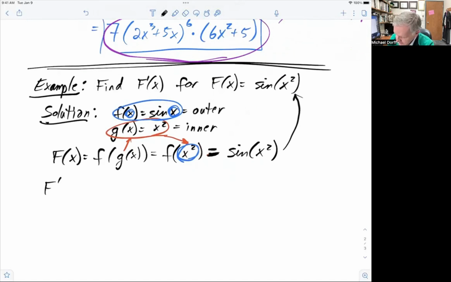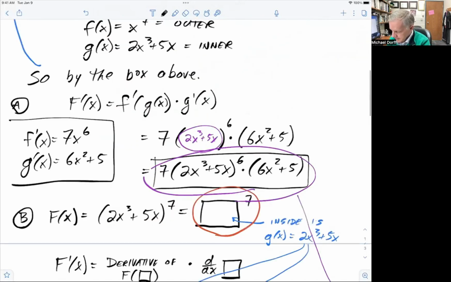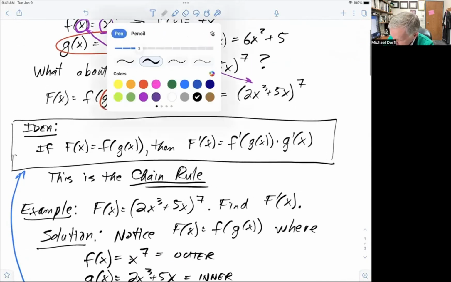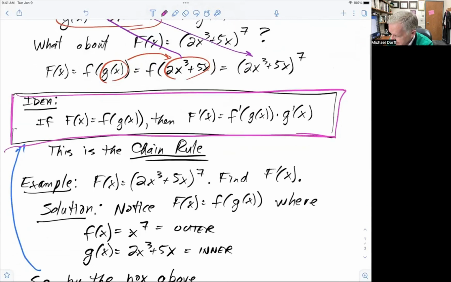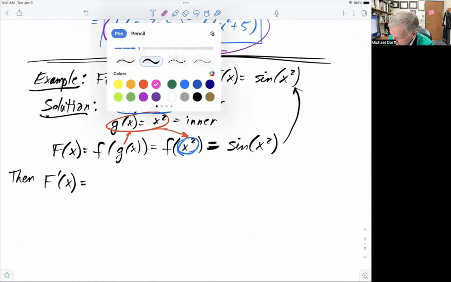So what is the derivative? By doing that main boxed idea I had at the very beginning, remember that was this idea. I'm going to highlight this in pink, because I don't use pink very often here. There's that pink box. That's the idea we're going to be doing here.